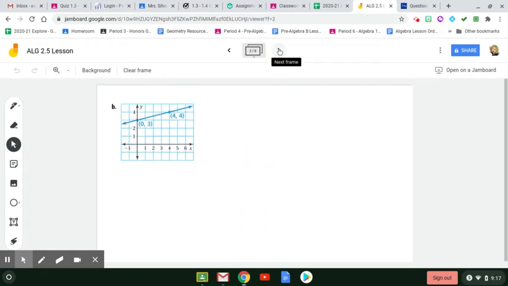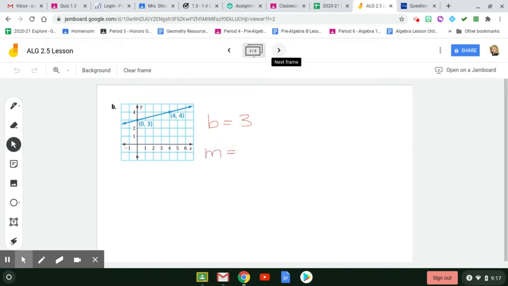All right, let's take a look at the next graph. Okay, so again, we need those two pieces of information. We need the slope and we need the y-intercept. So on my graph, I see that my line crosses the y-axis at 3. So that means my y-intercept is 3. I'm going to count my slope with rise over run.